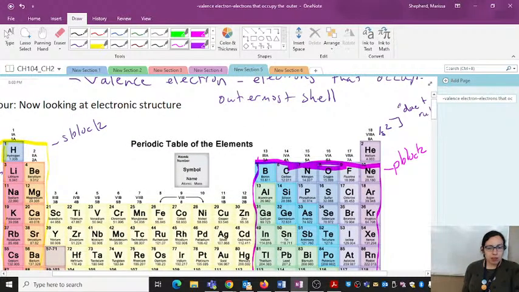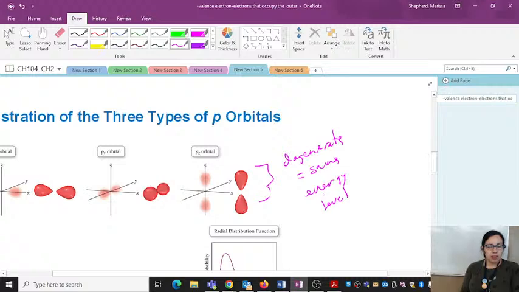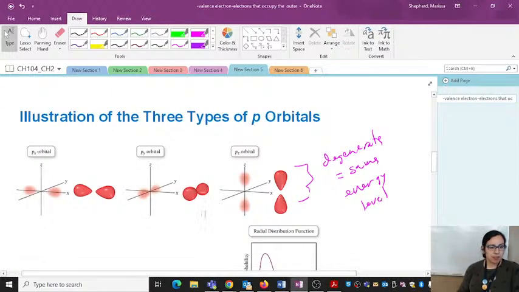Notice there are 3 p orbitals, and each one of these p orbitals can hold 2 electrons.